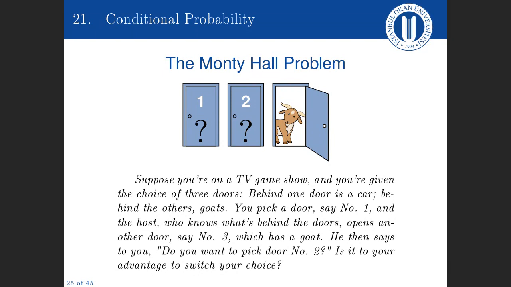Should you stick with door number 1, or should you change your mind and have door number 2 instead? Is it to your advantage to change your mind and switch to door number 2, or is it to your advantage to stay with door number 1?